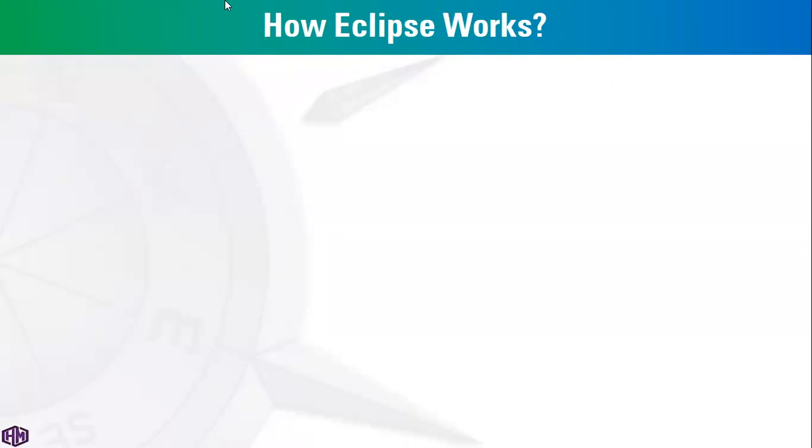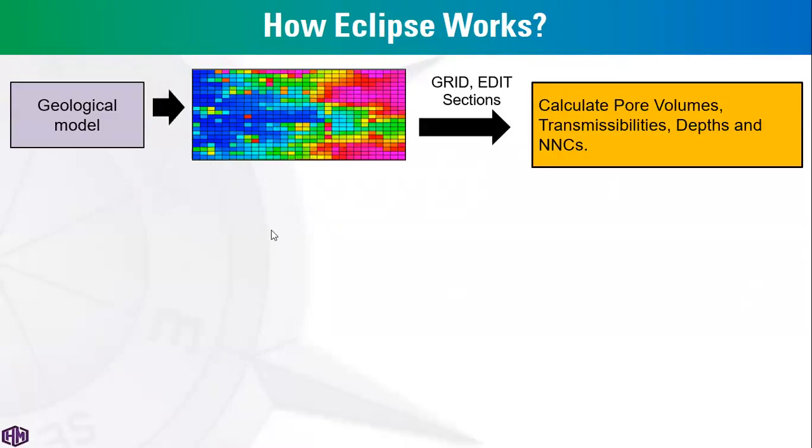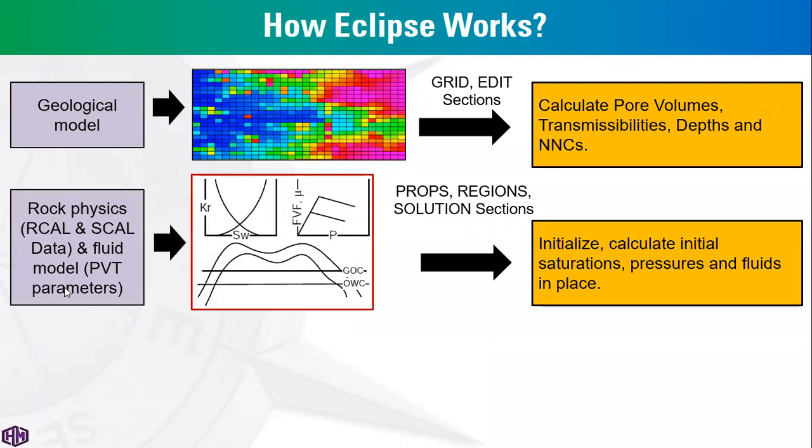So back to the mechanism of Eclipse. We have the geological model or 3D grid. Data from the grid and edit sections will be used to calculate volume and transmissibility. For the props section, simply the fluid and scale data: fluid contacts, the PVT and scale data.